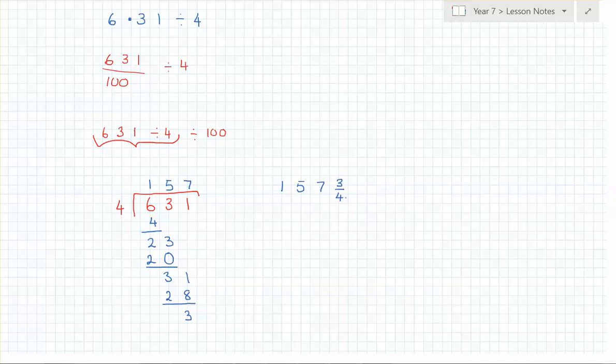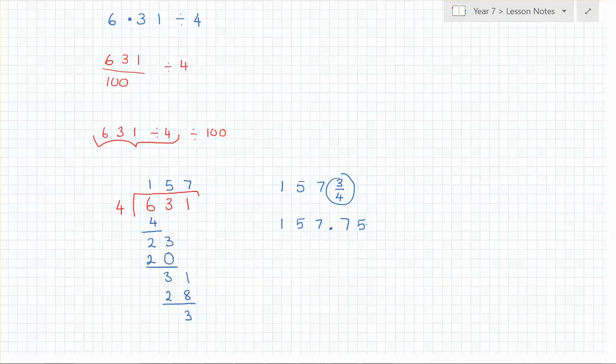Do you know how to do 3 quarters? 0.75. So actually, it's 157 point, and this bit, 3 quarters, is 75. Well, 1 quarter is 0.25, a half, or 2 quarters, 0.5, 3 quarters, 0.75. That's one of the fractions that you should remember.